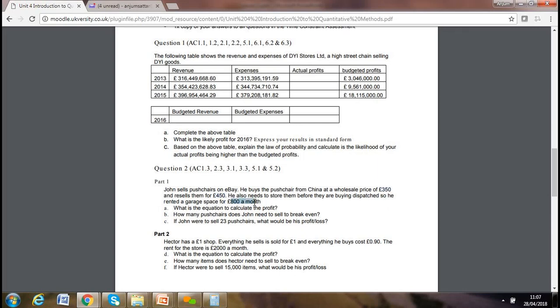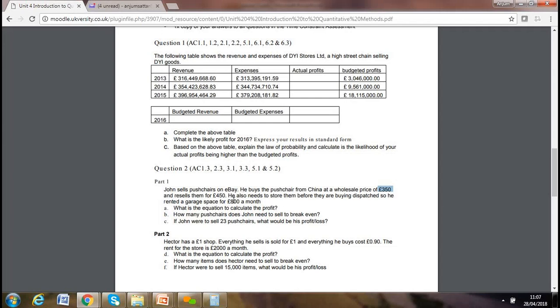That will give us profit. We can use the equation when we sell 23 chairs: 23 times 450, then minus our cost and minus our rent, and we'll get the profit.